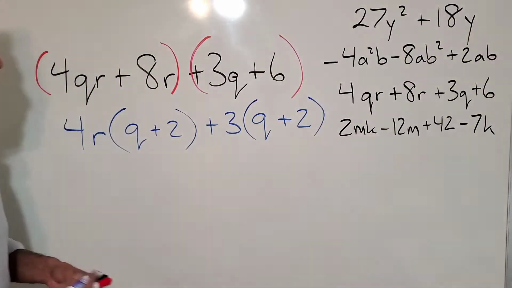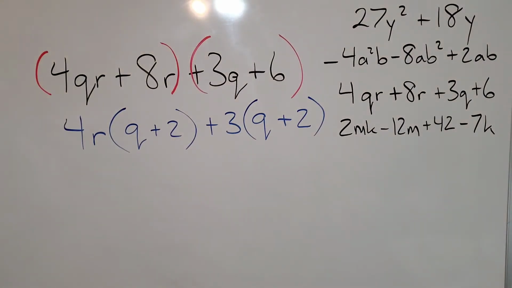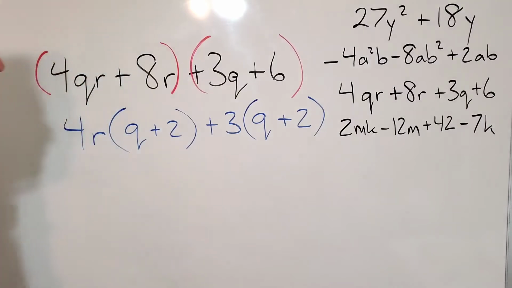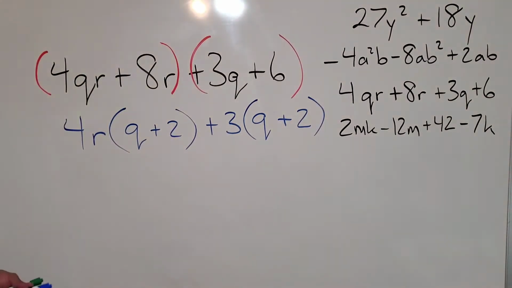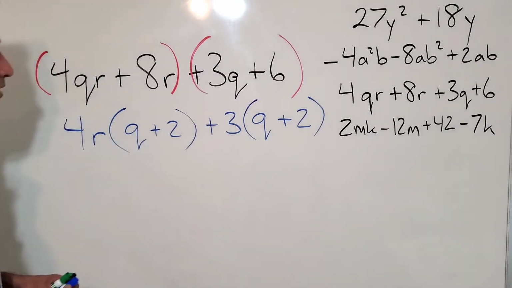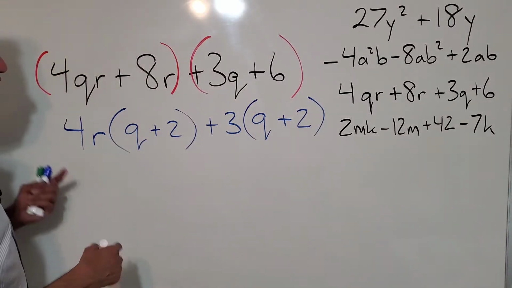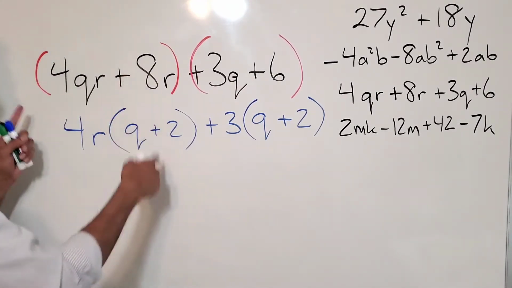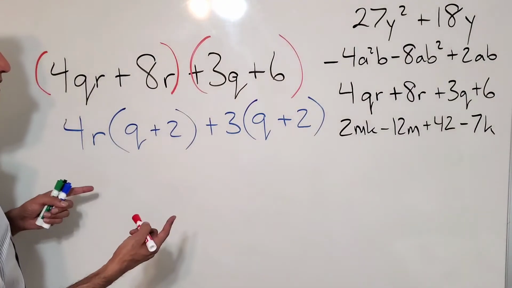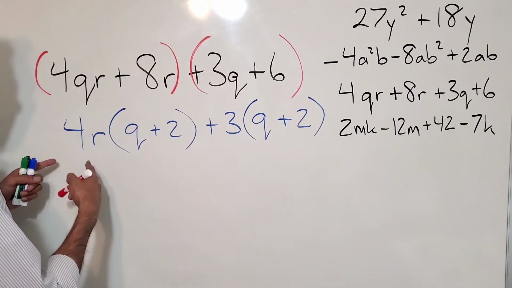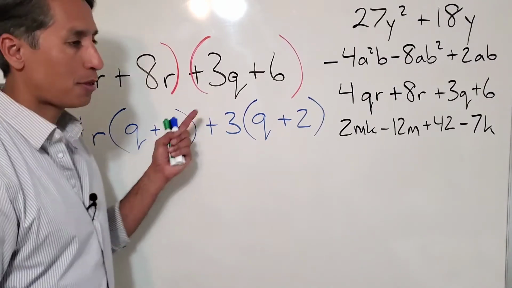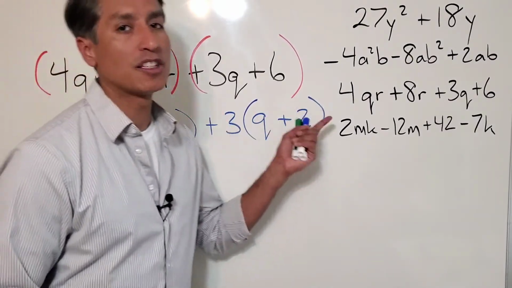2. All right. So maybe at this point you're starting to see what is going to happen, but if not, just follow along. I've grouped these in a certain way so that I could break them apart. By doing this grouping, something happened here: the first became 4R times Q plus 2, and then I have 3 times Q plus 2.